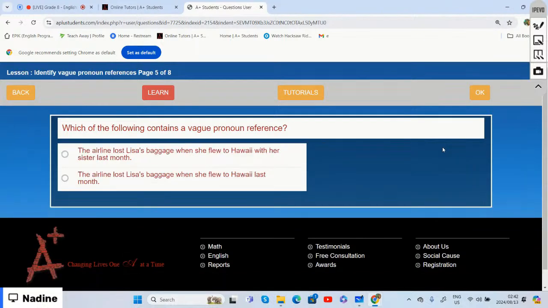The next one says the airline lost Lisa's baggage when she flew to Hawaii with her sister last month.